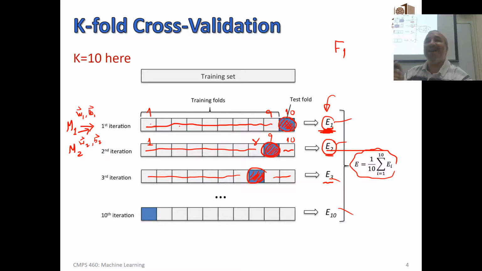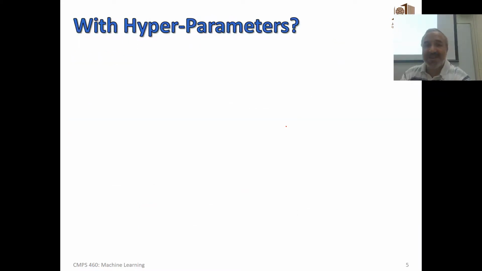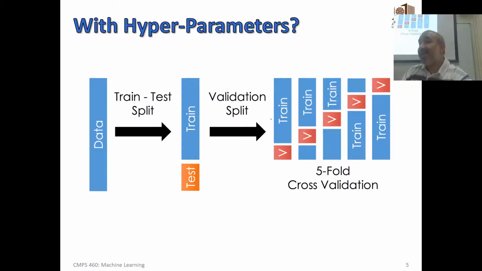Another solution is within these 9. Let's say that we are within this iteration, where we have 9 folds for training and 1 for test. Another solution is within these 9, we do cross validation, inner cross validation, but now the folds will be train and dev.